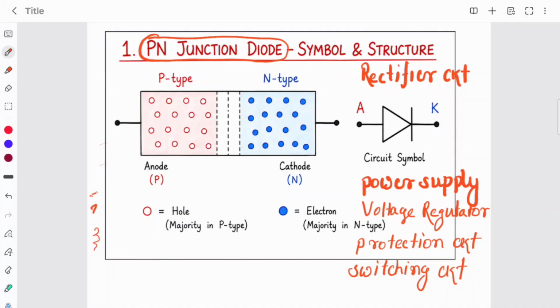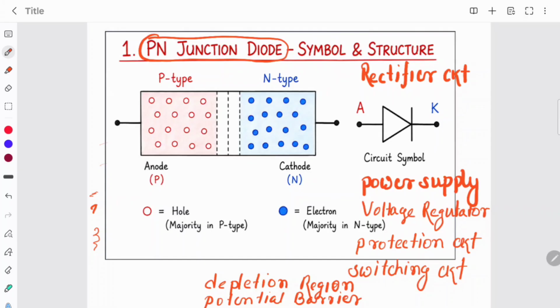But the important question is, why does the diode allow current to flow mainly in one direction? And what happens inside the semiconductor when voltage is applied? If we apply the voltage, then what will happen? What is the depletion region? What is the potential barrier?